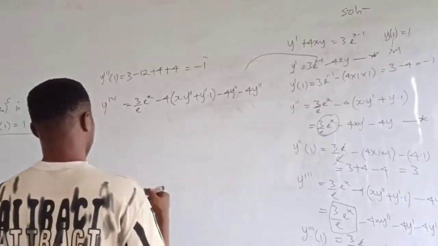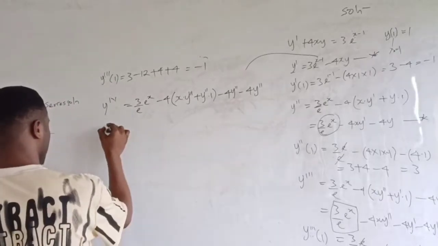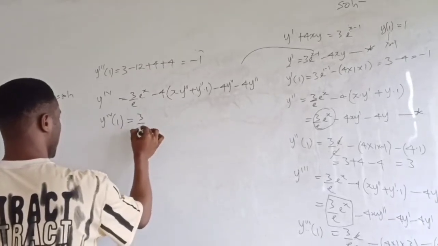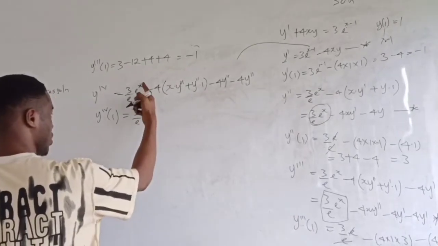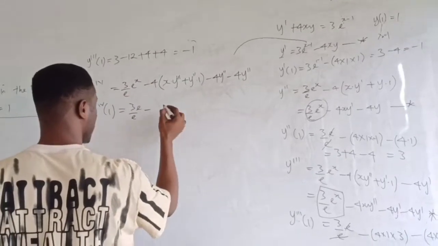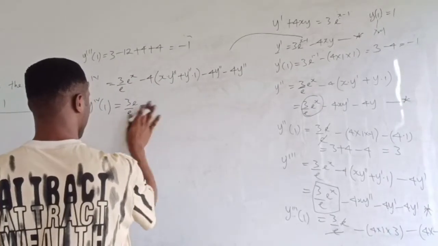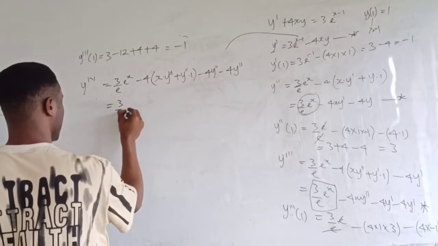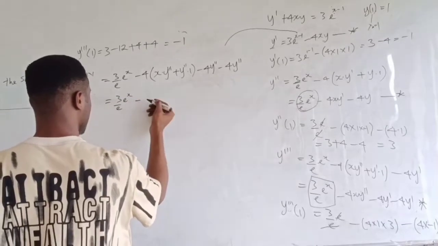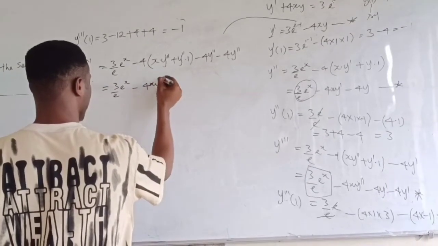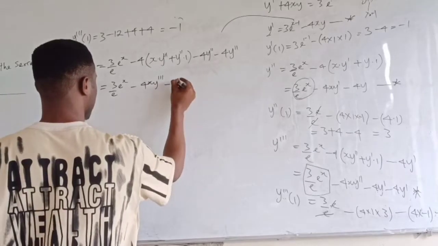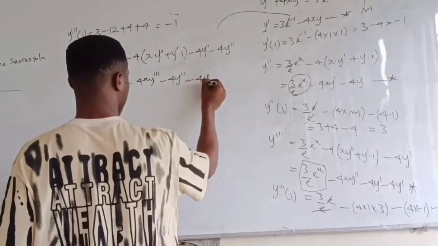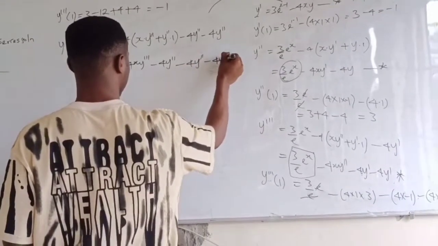So applying the initial condition, y to the iv of 1 gives us 3 over e because x is 1 minus, okay, let's expand this before the imputation. So we have 3 over e to the x minus 4xy prime minus 4y prime minus 4y minus 4y prime.